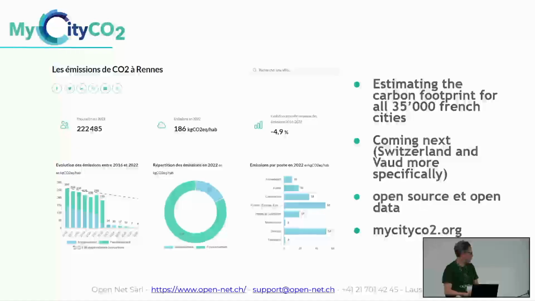Let's move on to the applications. The first one that we have released is called MyCity CO2. It is a tool that estimates the carbon footprint of the cities in the world. We started with France, and we released the tool with something like 35,000 cities in France.